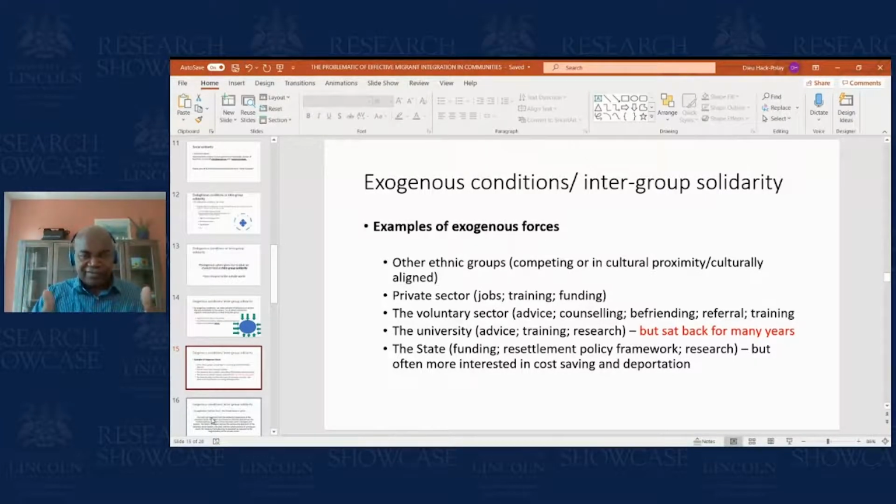We've got universities that also provide advice, training, and research in order to lead to a greater understanding of the migrant situation and therefore informing policy matters. And we've got the state itself that is a key player in terms of policy development and the funding and so forth.